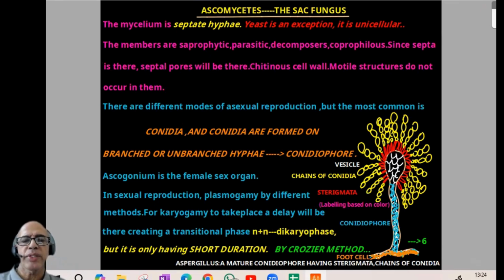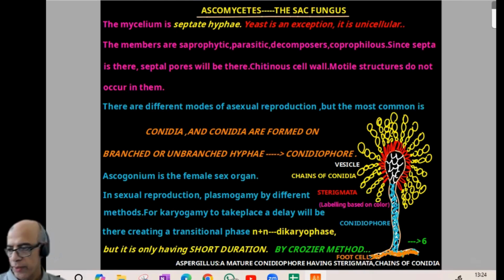There are different modes of asexual reproduction, but the most common is conidia, and conidia are formed on branched or unbranched hyphae called conidiophore. Here you can find Aspergillus, a mature conidiophore having sterigmata, chains of conidia, and the labeling I made based on color.